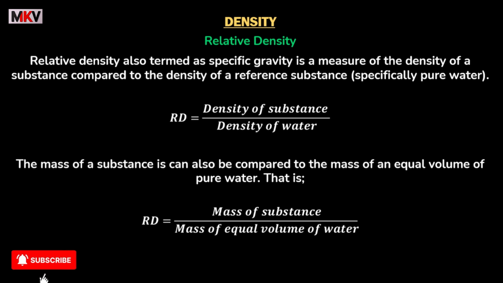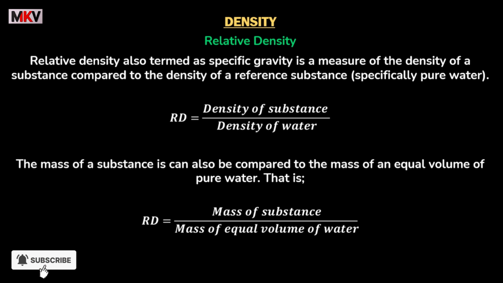The mass of a substance can also be compared to the mass of an equal volume of pure water. So relative density can also be equal to the mass of a substance over the mass of an equal volume of water. If you have a substance with a certain mass, you can compare that to the mass of an equal volume of water, and that will also give you the relative density.